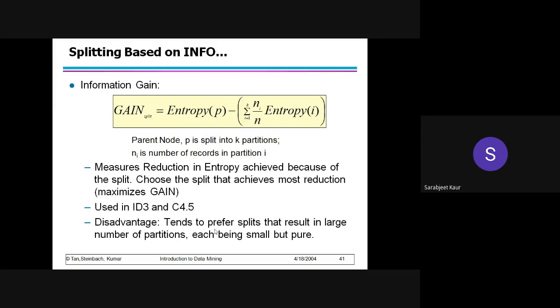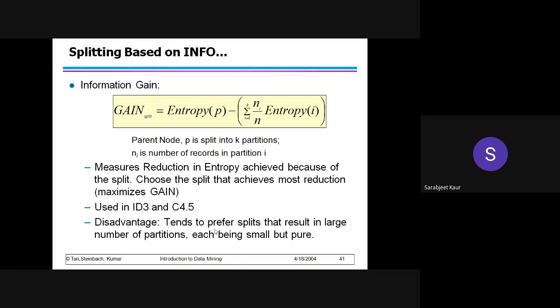So the entire focus so far in these algorithms has been on computing a pure partition, right? At each step, what are we looking for? We are looking for increasing the purity, increasing the homogeneity, or decreasing the impurity, right?